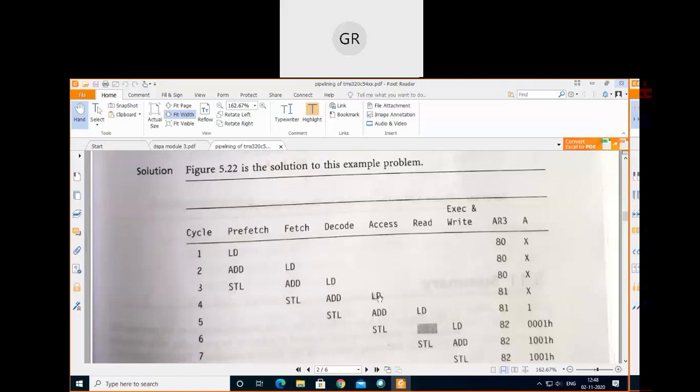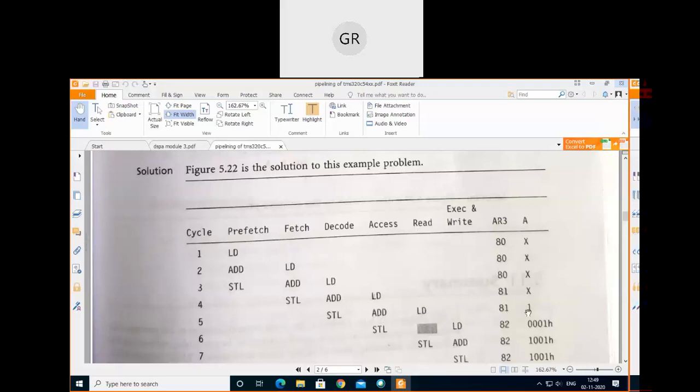Here access means you get the operand 1 address. Okay, see LD 81: now you can read the next address data, 81. STL moves to decode, ADD moves to access, and LD moves to the read process.